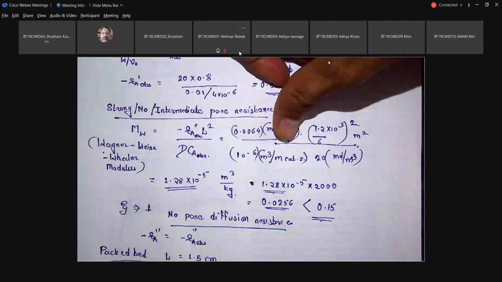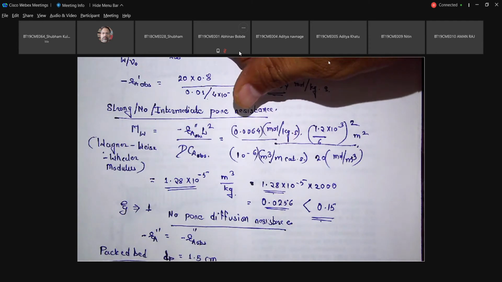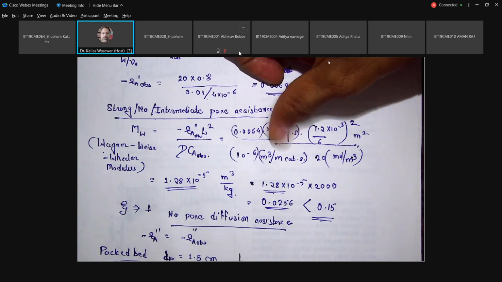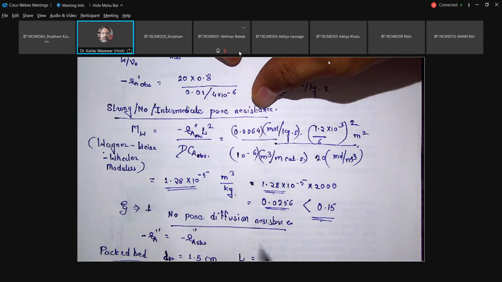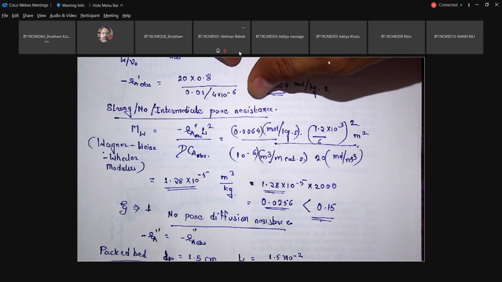Sorry, packed bed of this one. That means it will be the diameter of the particle. So what will be the L for this? (1.5 into 10 to the power minus 2) divided by, it will be dp by 6.